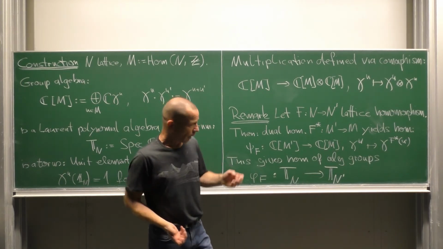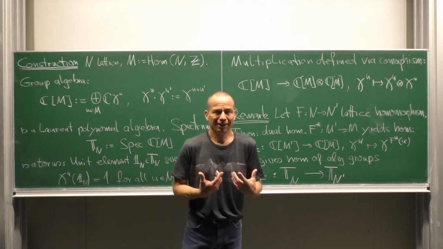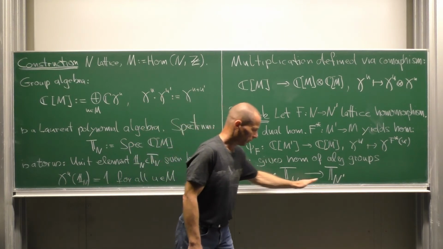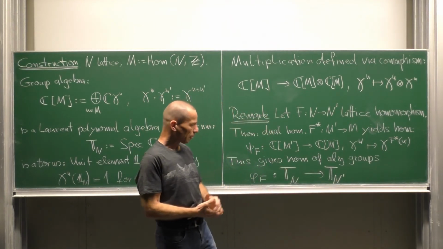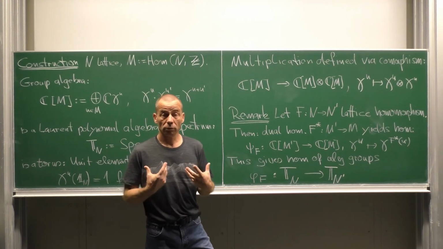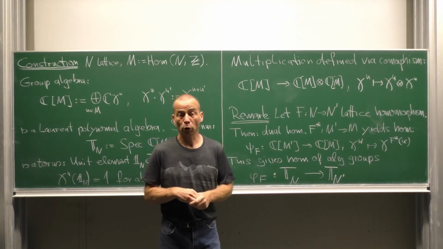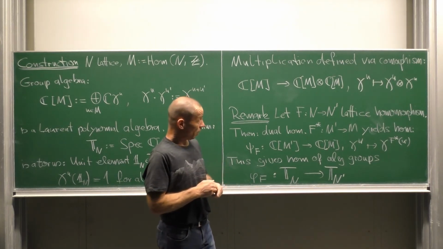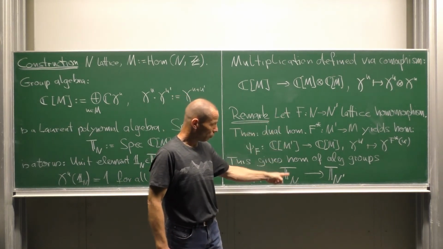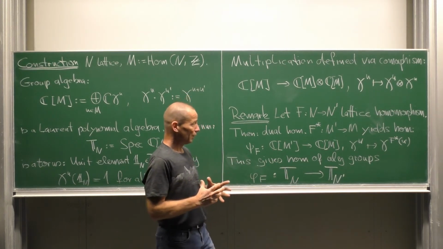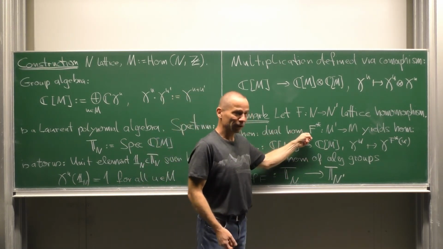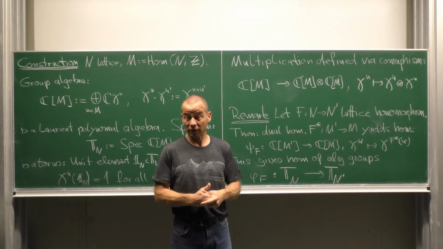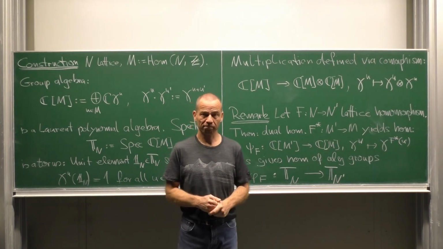So we have an algebra homomorphism, and that means we have a morphism between the associated spectra, and this morphism turns out to be a homomorphism of algebraic groups even. Note that we end up with a covariant construction because we compose one contravariant construction with another contravariant construction, namely the second is passing to the spectrum.